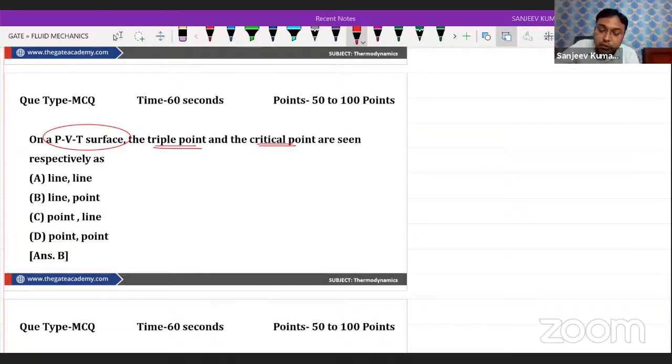But you can see here, triple state is looking like a line, where you can see solid and vapor. Solid is here, liquid is here, and vapor is here, right? So this triple state line, the triple point appears like a line on the PVT surface, and critical point is a point, correct? So that is the answer here.